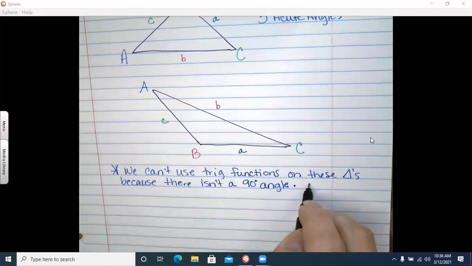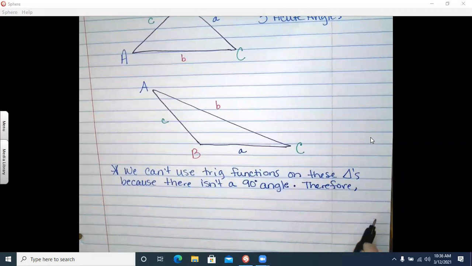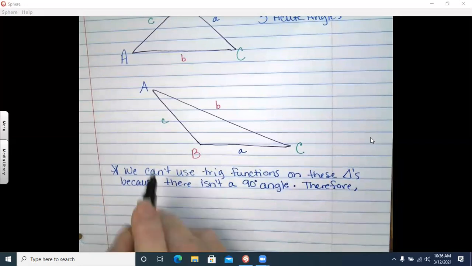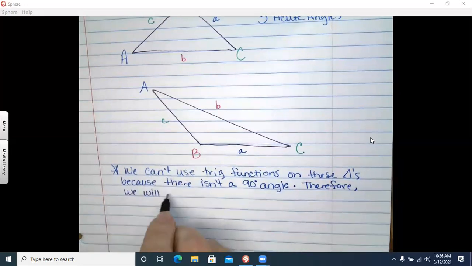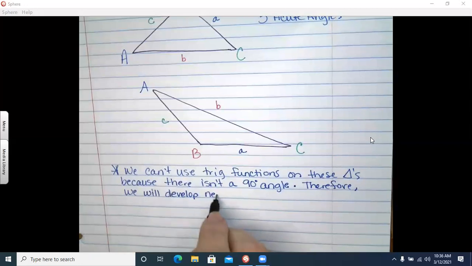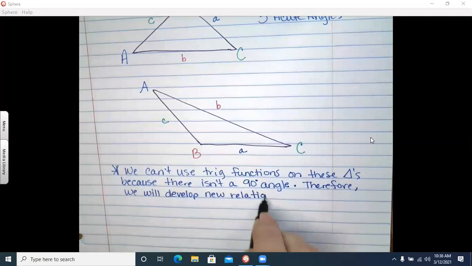Therefore, we will develop new relationships in order to work with oblique triangles.